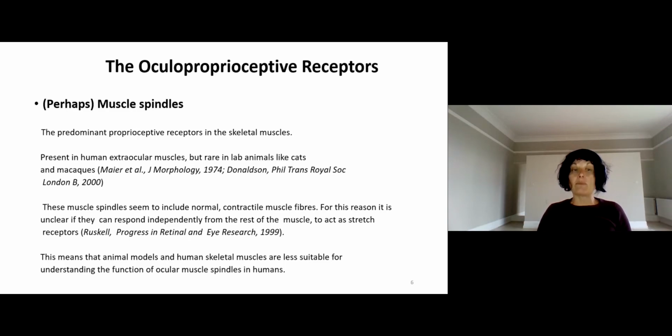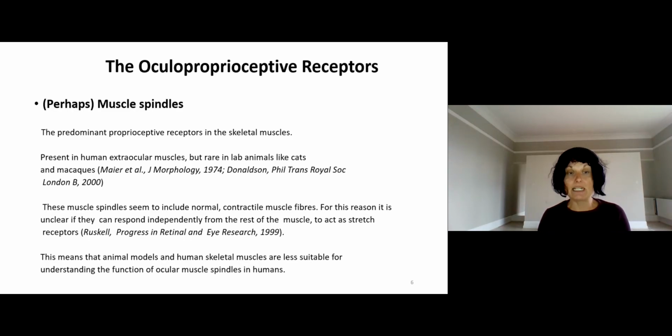Muscle spindles are present in human extraocular muscles, but rare in lab animals like cats and macaques. And one more thing, the muscle spindles seem to include normal contractile muscle fibers.